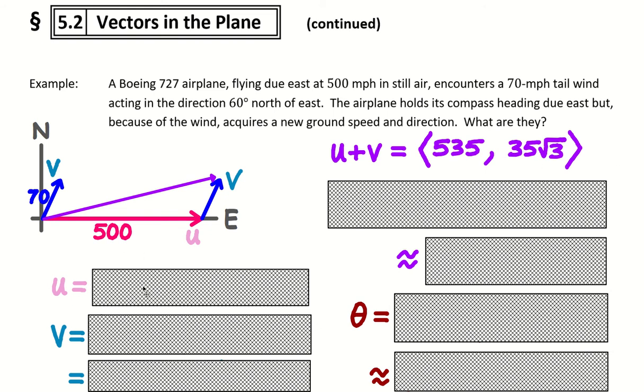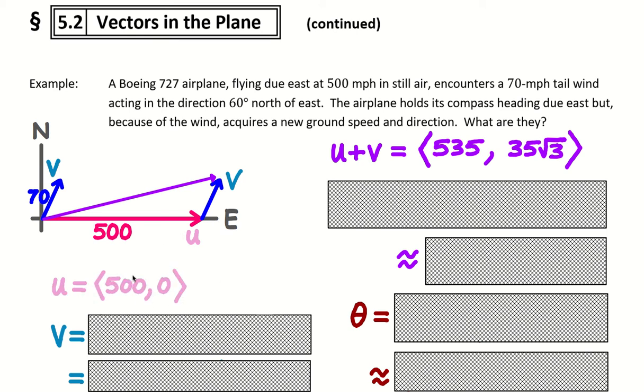Now the u vector is what? Like 500, 0. And then the v vector, well, what is the v vector? How do we find the v vector? We need the a value and the b value, like we need the components.